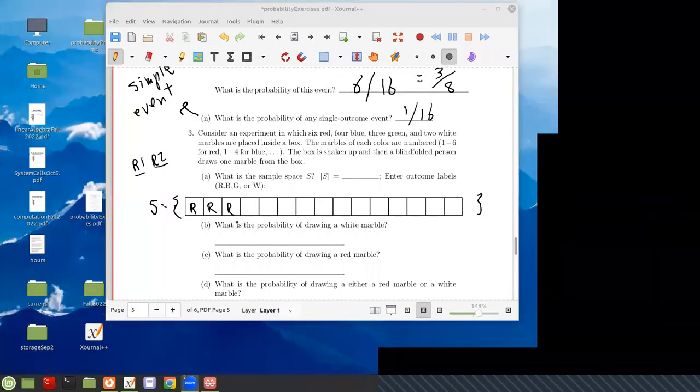Okay, so this is a little bit obscure, but we can see that the sample space size is going to be 6 plus 4 is 10, plus 3 plus 2 is 5, so 15.